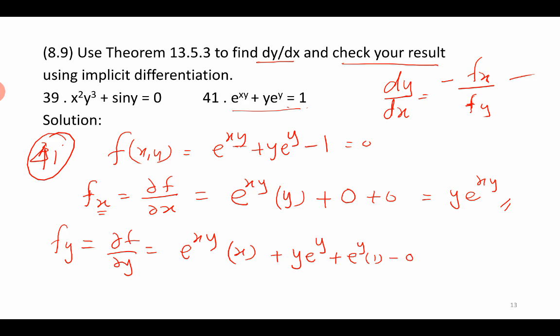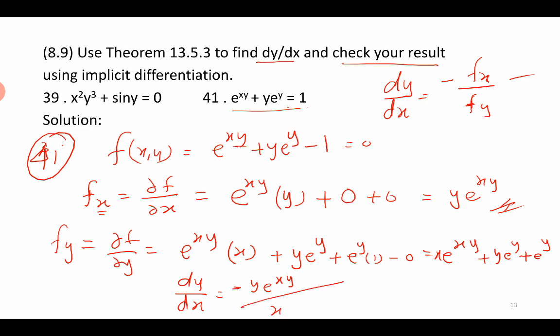This is fy. So what is it? e raised to xy times x plus y times e raised to y plus e raised to y. Therefore the answer is dy/dx, the numerator fx is this term y times e raised to xy with a negative sign. The denominator you will find x times e raised to xy plus y times e raised to y plus e raised to y. This is our answer.